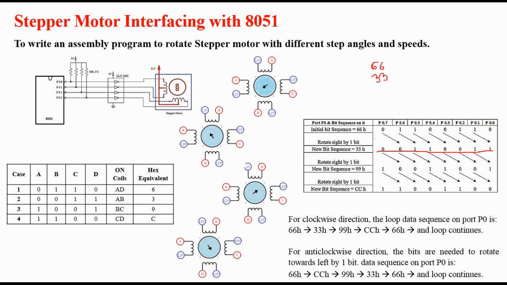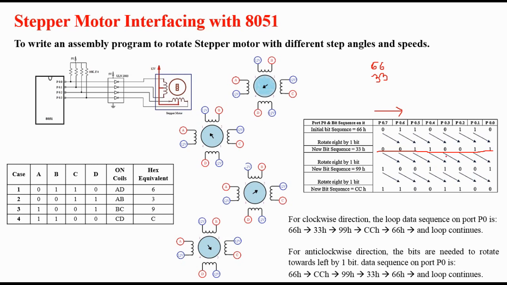Now in the same way, if you rotate all those contents, 33, towards right by 1 bit, then you will observe this 0 will come at this place, and this 0 again will get shifted towards right. This one will again get shifted towards right.